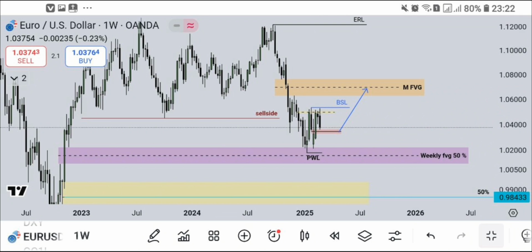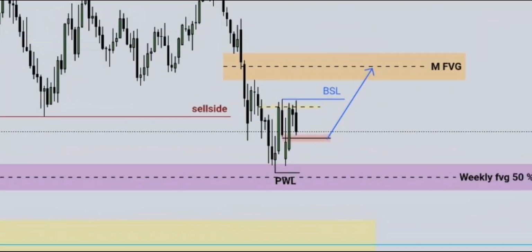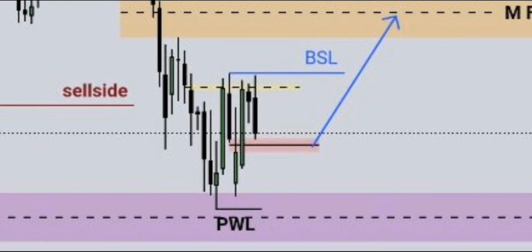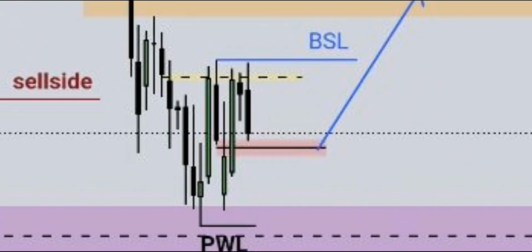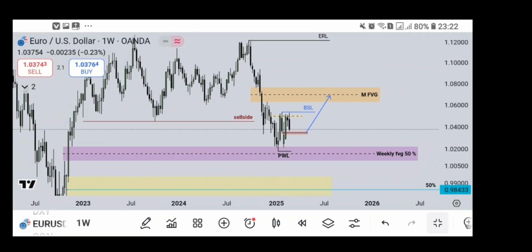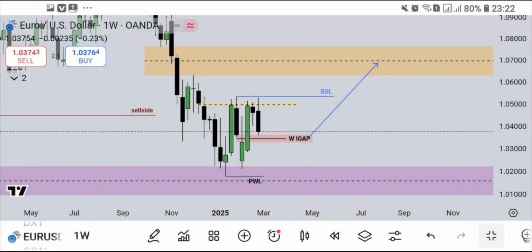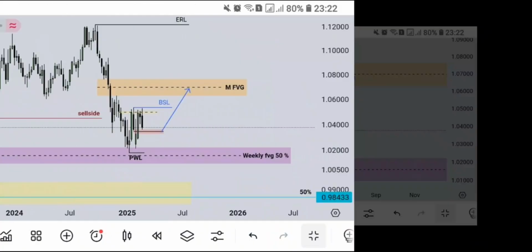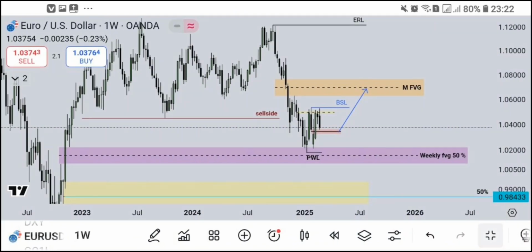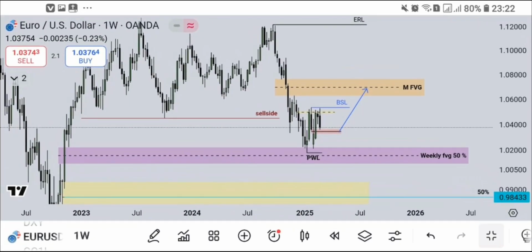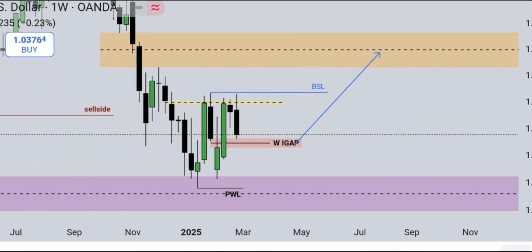So then I drop to the weekly time frame, and if I zoom out for you, you can see that this weekly inverse gap was my entry target, like to the upside, you get. And this is the weekly time frame. This was actually zoomed in and this was zoomed out.